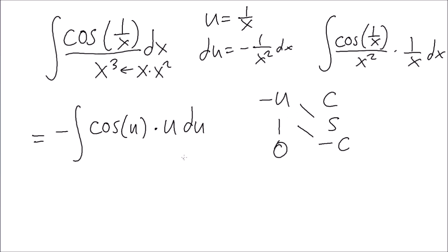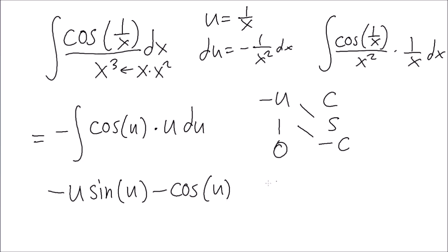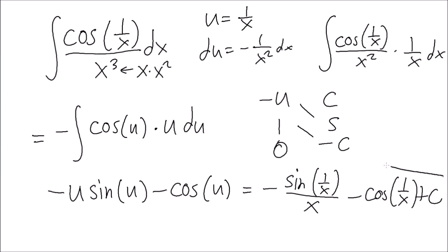Okay, so I see that we have negative u sine of u and then minus cosine of u, which is now negative sine of 1 over x over x minus cosine of 1 over x plus c.